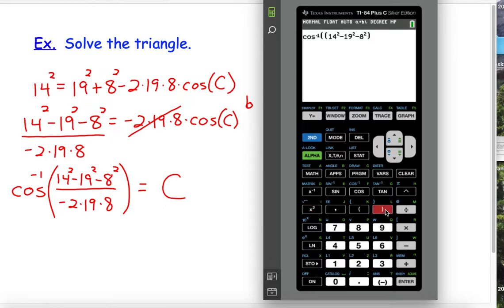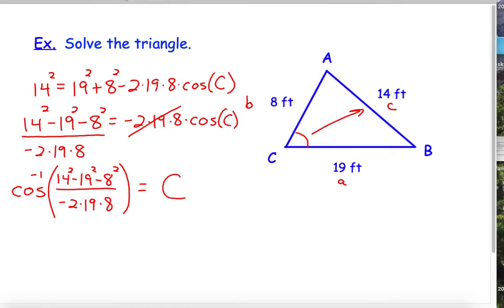Close off the numerator, divided by, and now another set of parentheses for the denominator, negative 2, make sure you're hitting the negative, not minus, times 19 times 8. Close off the denominator, close out the inverse cosine function, and there's your angle C. 41, let's go 2 decimals, 41.12 degrees. So angle C is equal to 41.12 degrees.